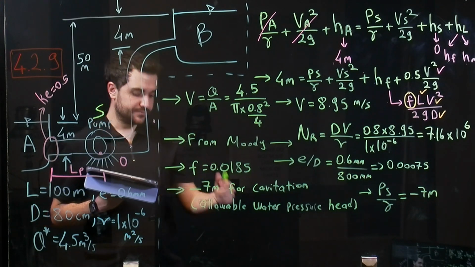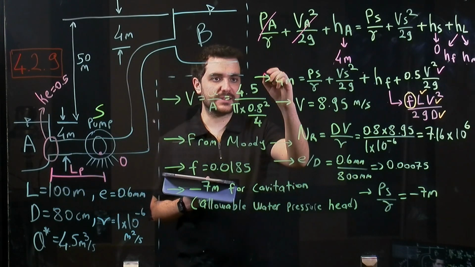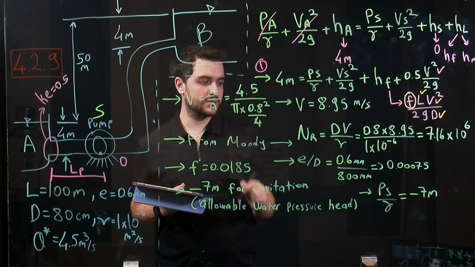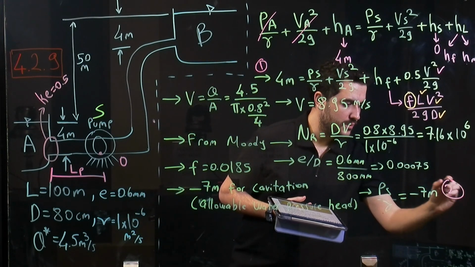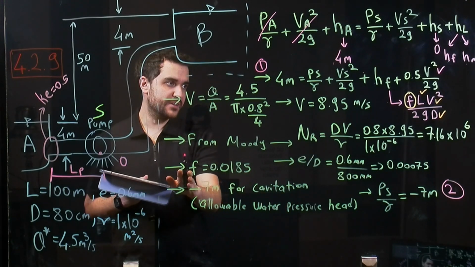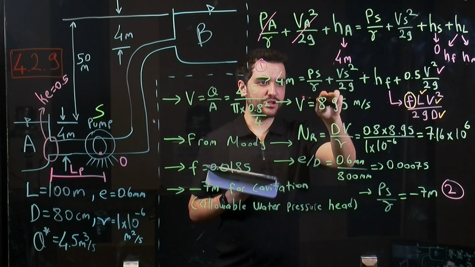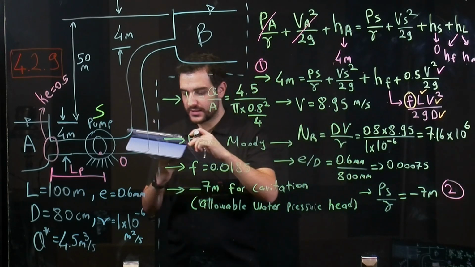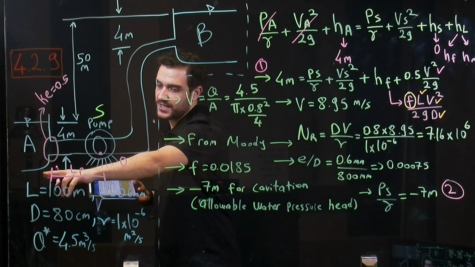So knowing that and knowing this equation, we can merge two of these equations, and using the friction factor and other terms, we can calculate the maximum length that we can use here.